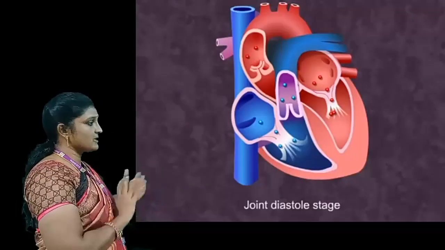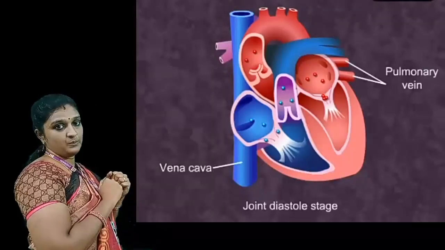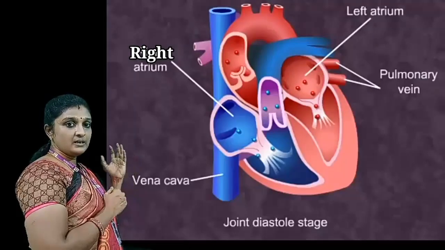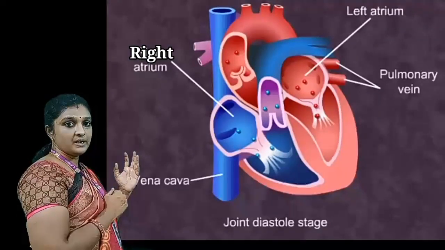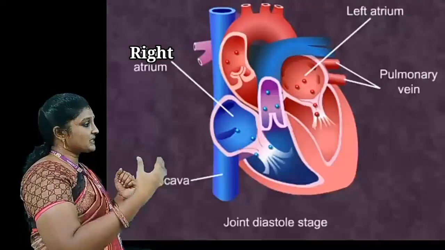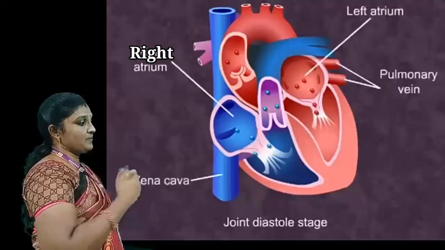In that relaxed condition, what will happen? The auricles receive the blood. Both the auricles simultaneously get the blood. On the right side, it takes the deoxygenated blood via the superior and inferior vena cava, and the left side receives the oxygenated blood via the pulmonary vein.